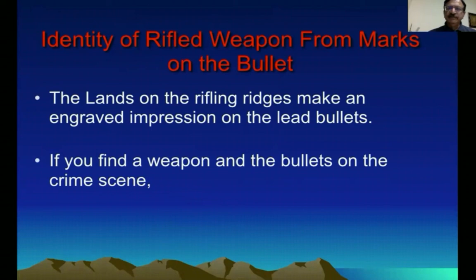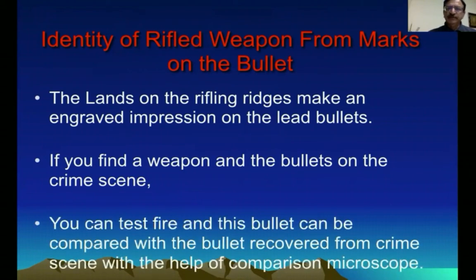And if we find the weapon and the bullet, we test fire and compare the test-fired bullet with the bullet recovered from the crime scene with the help of a comparison microscope. If the weapon is the same, the pattern and identical marks of the land and groove will be seen on the bullet, and it will confirm that the bullet has been fired from the same weapon which is recovered from the crime scene.